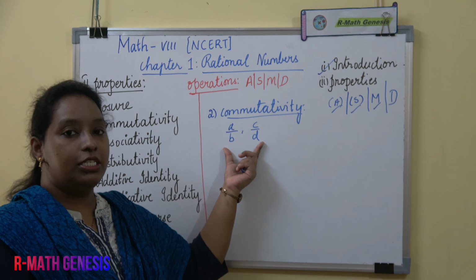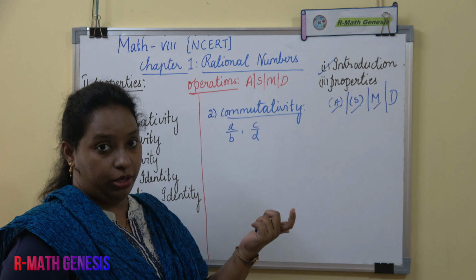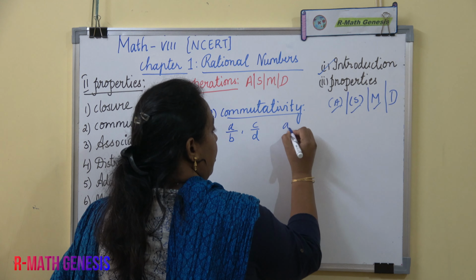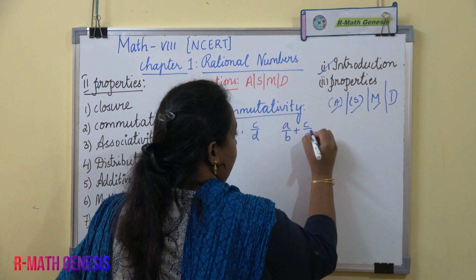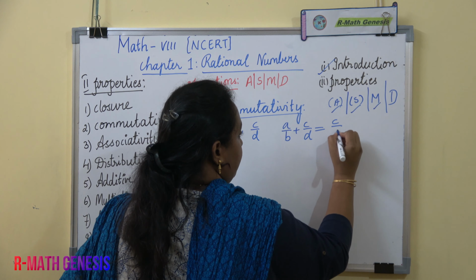A by B plus C by D should be equal to C by D plus A by B. When you are adding in any order, the result has to be the same.